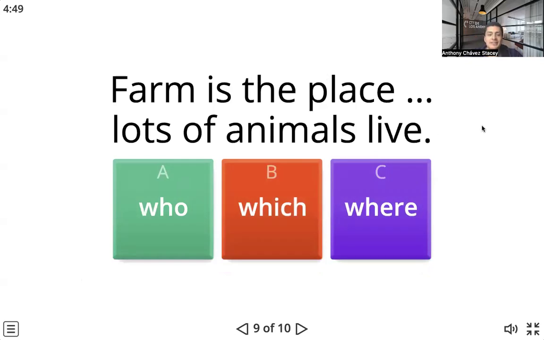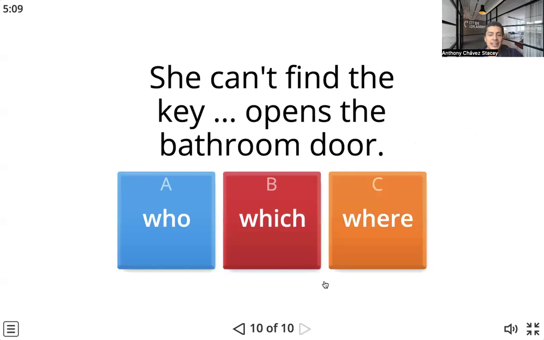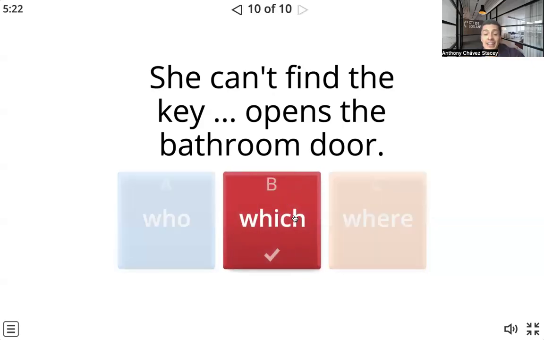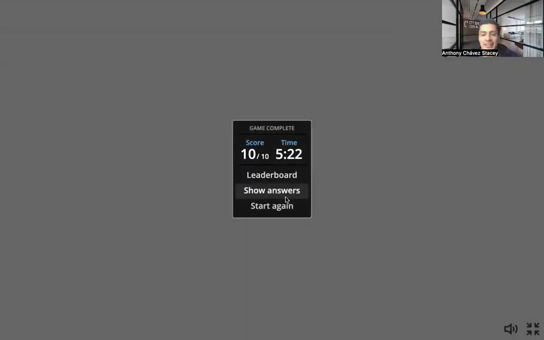We have Paula. Farm is the place where lots of animals live. Yes, farm is the place where lots of animals live. And finally, Veronica, number 10. She can find the keys which open the bathroom door. That was right. So she can find the key which opens the bathroom door. Game complete. Excellent job so far, guys.